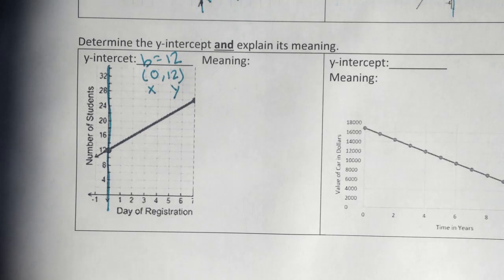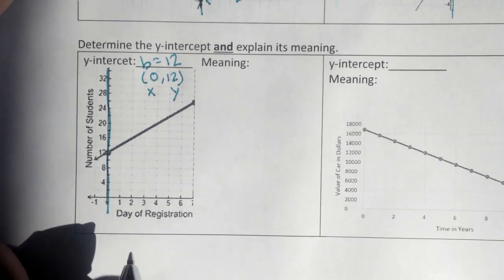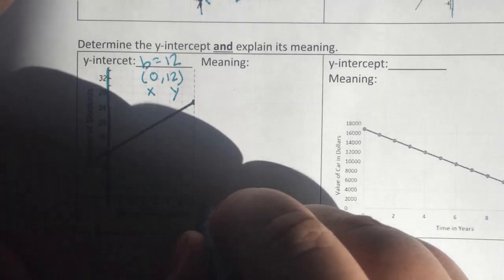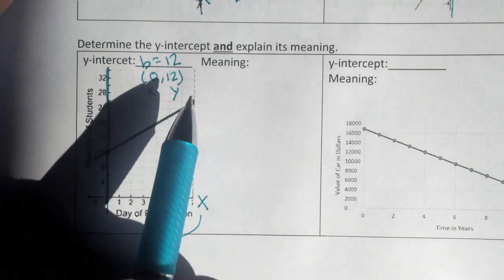Well, we should probably look at the axes to see what's being described here. So the x-axis is the horizontal one, and it talks about the days of registration. So if x is 0, then this is before registration.